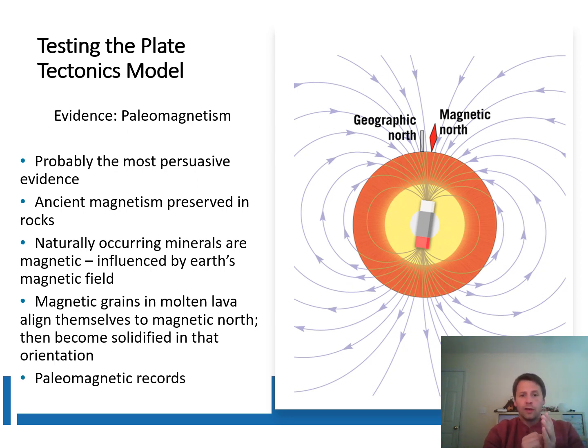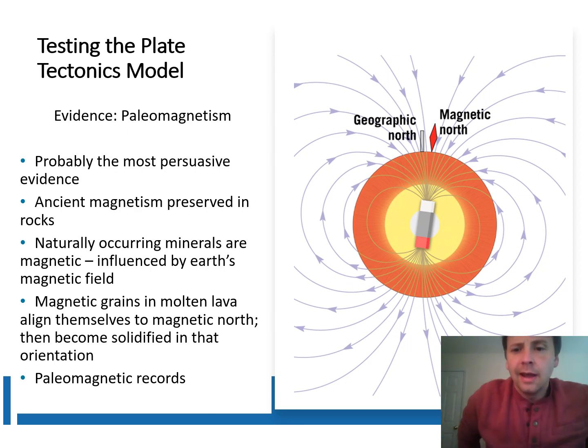Once it's solid, unless it gets recycled back into the mantle of the Earth, it's going to point in that direction forever until it's disturbed, right? And we'll talk about that next week when we get into rocks and rock cycles and whatnot.